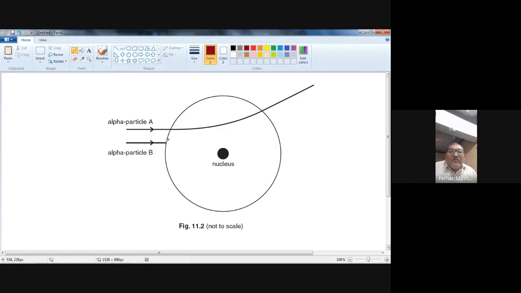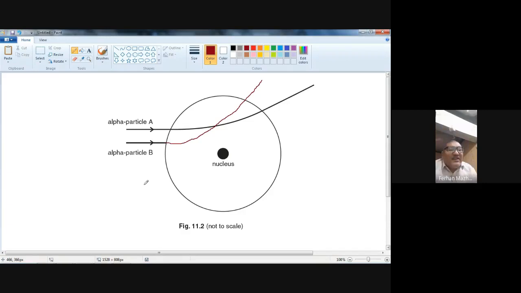The nucleus is also positively charged. So they repel each other. Because the distance between the alpha particle B and the nucleus is smaller compared to the distance between the alpha particle A and the nucleus, the alpha particle will experience a larger force of repulsion. So this is the way in which it will be deflected.